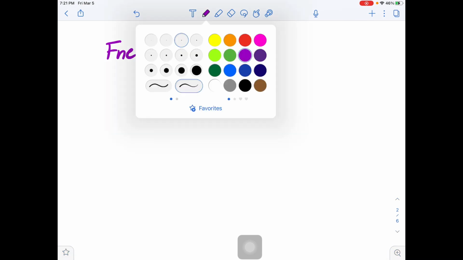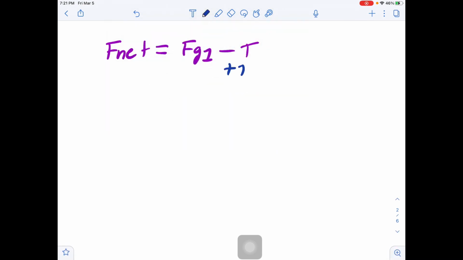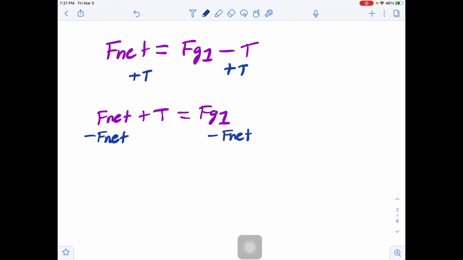The first thing I'm going to do is add tension to both sides to get it to be positive. So F net plus tension equals the force of gravity 1. And now I'm going to subtract the net force. So now I have tension equaling the force of gravity 1 minus the net force.